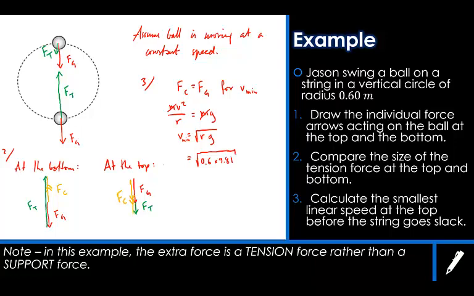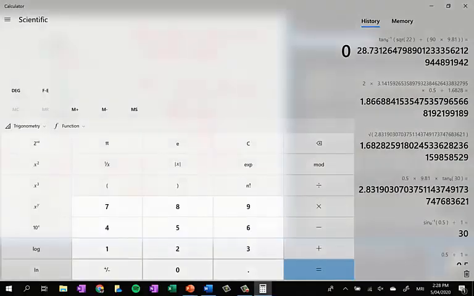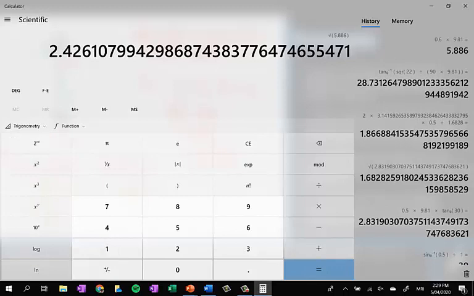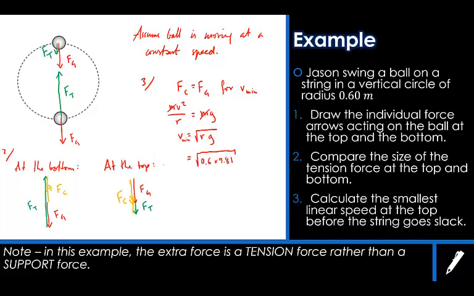Then we square root it, and we get 2.43, so 2.4 meters per second.